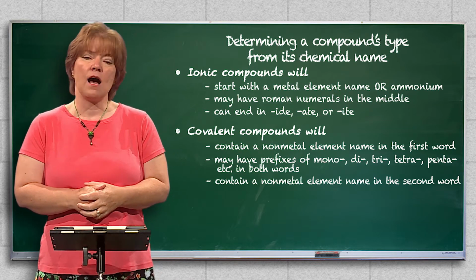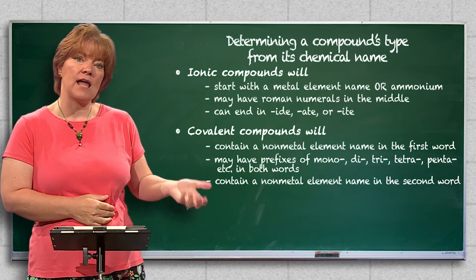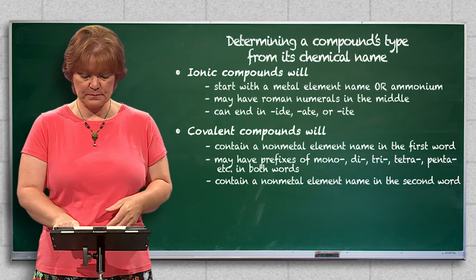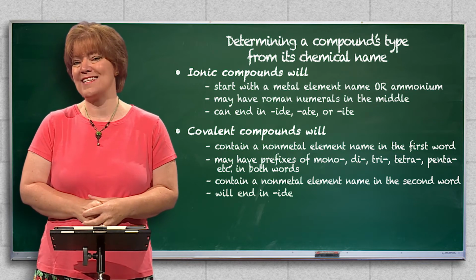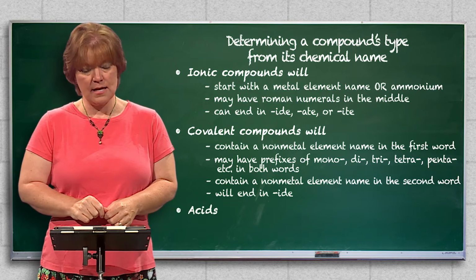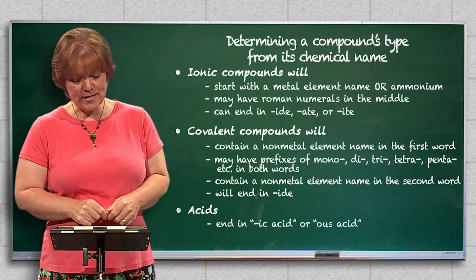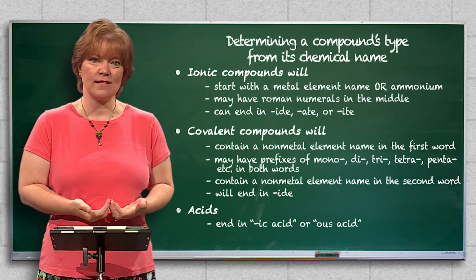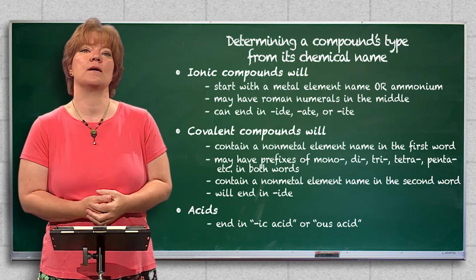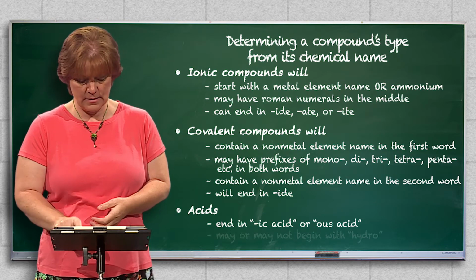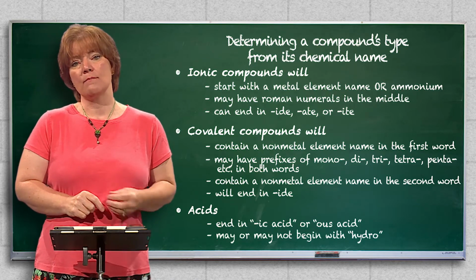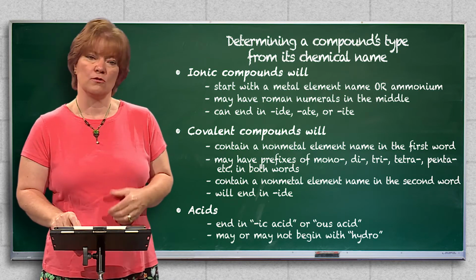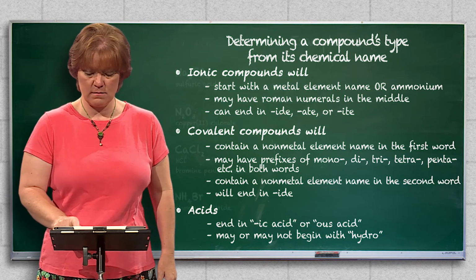They're going to contain a non-metal element name in the last word of the chemical name. And they're always going to end in "ide." Acids are going to end in either "ic acid" or "ous acid." The word acid is directly in their name, so it's fairly easy to identify an acid by its chemical name. They may or may not begin with "hydro." You'll learn more about naming acids later.